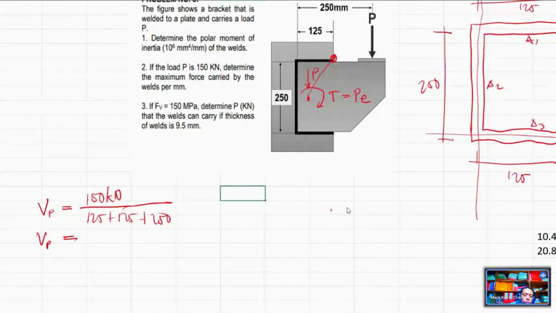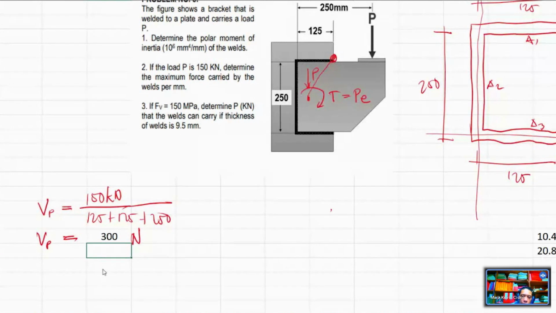So your VP is equal to 0.3 kilonewton per mm. Let's express this in terms of Newton: 300 Newton.